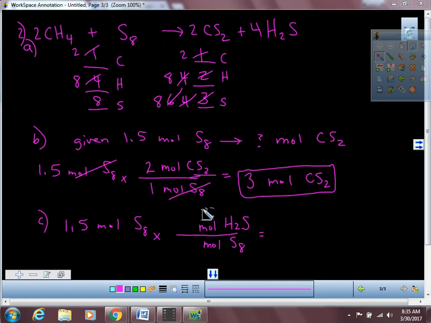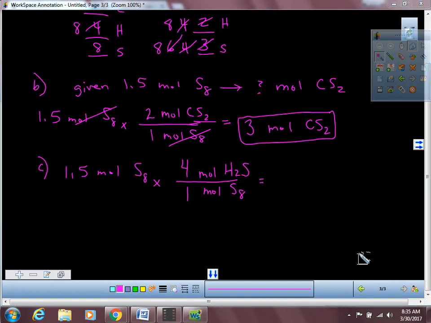H2S has a 4 in front of it. S8 has nothing, so it's a 1. How much H2S can I make? 6. I can make 6 moles. Question about mole calculations? Feel pretty good about this so far.